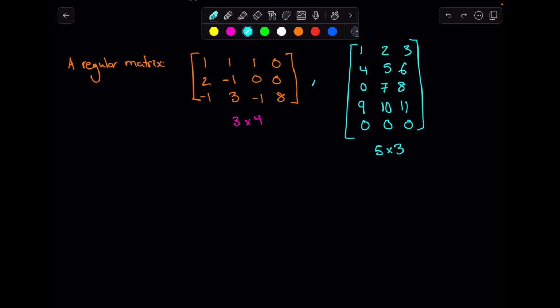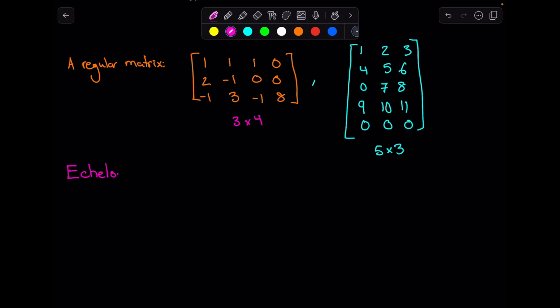Now, when it comes to solving problems, solving systems of equations using matrix algebra, one of the forms that we want to get our matrix into is what we call echelon form.